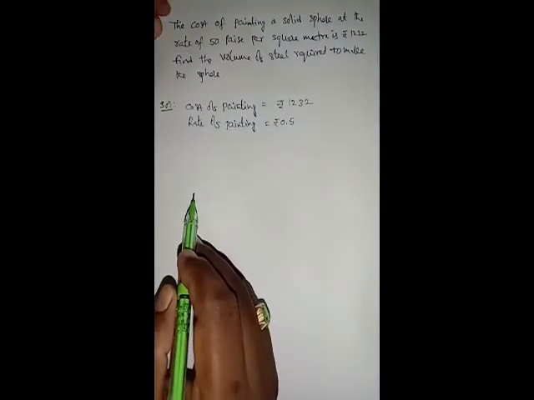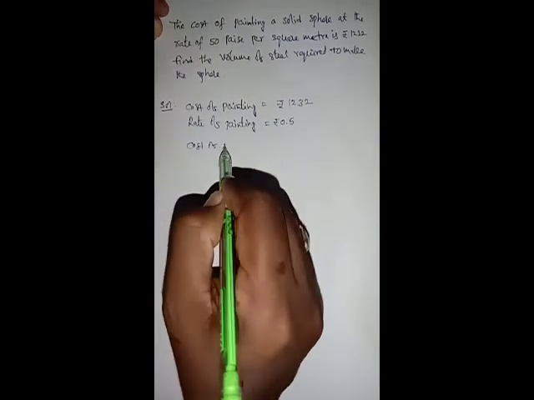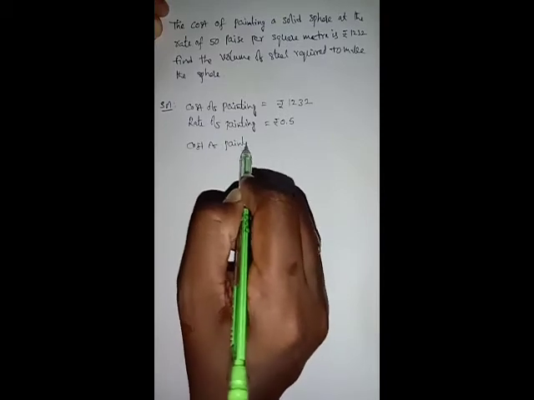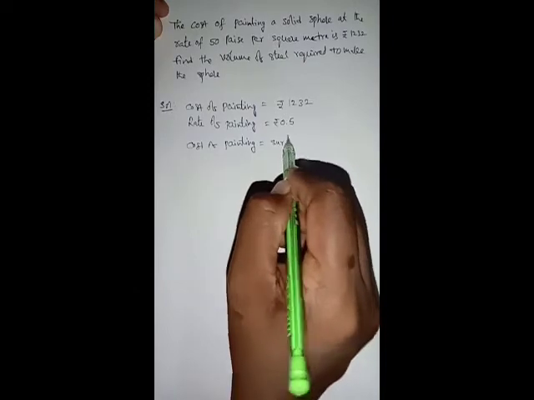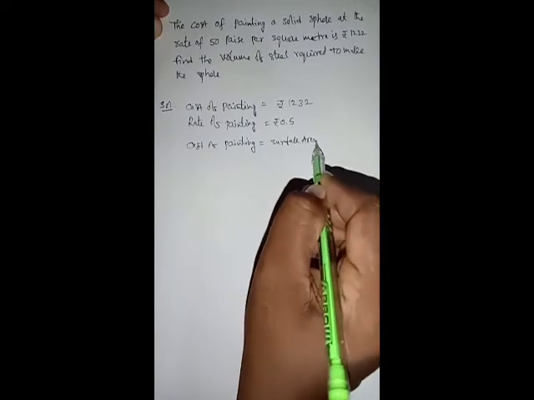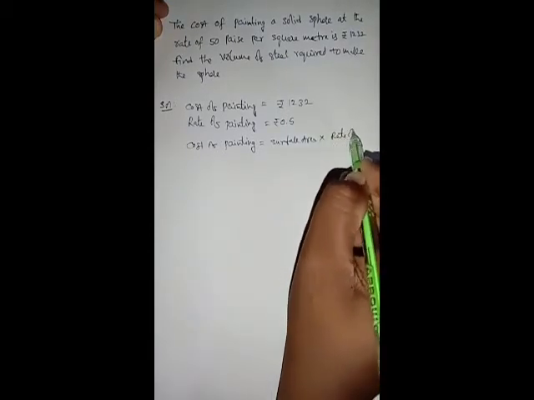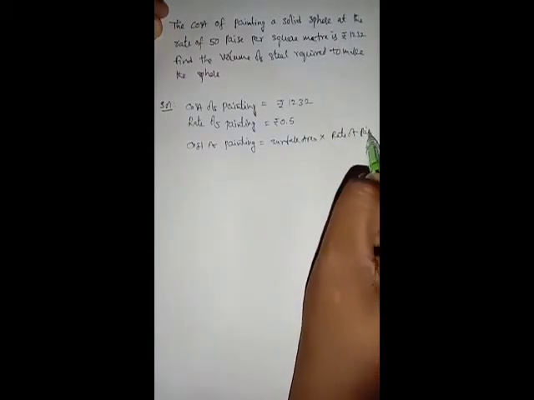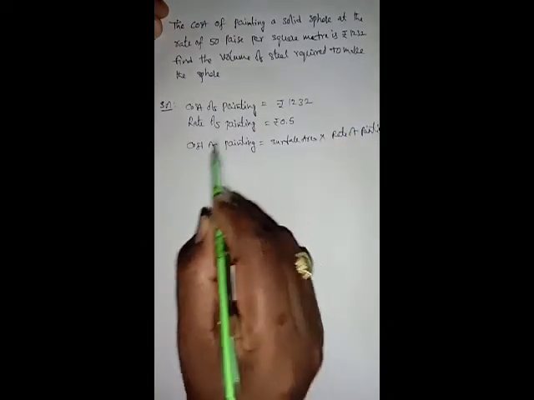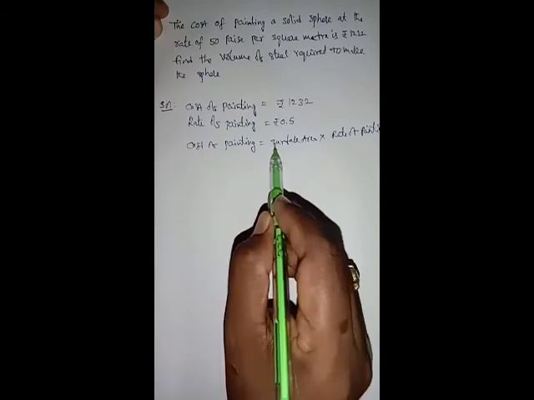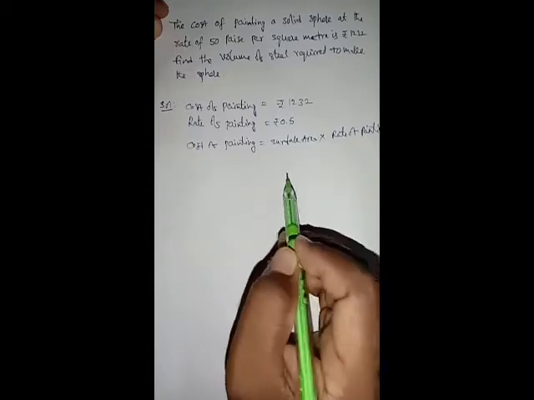For the cost of painting, we have the formula: cost of painting equals surface area into rate of painting. Cost of painting means total cost, so the surface area into the rate of painting.